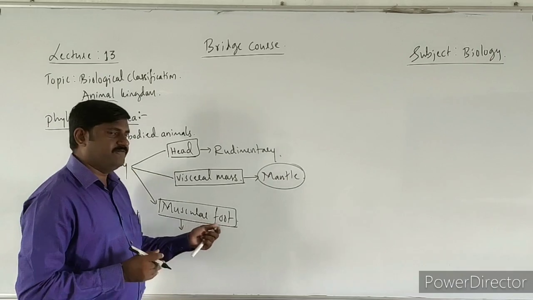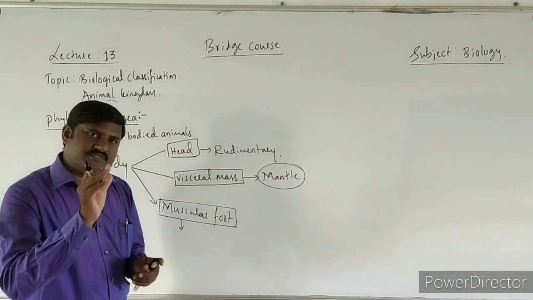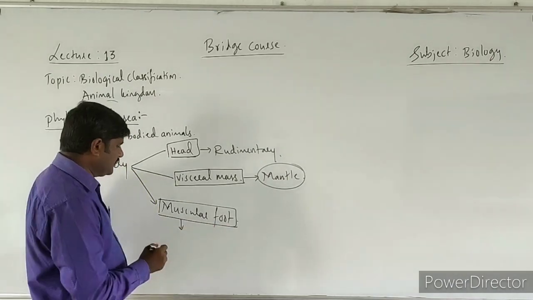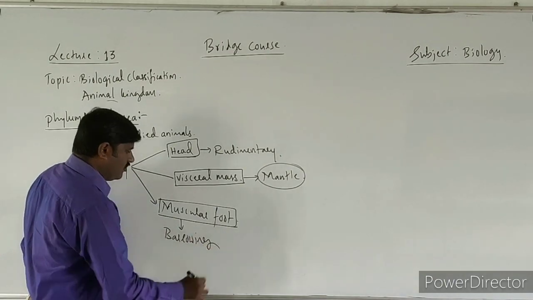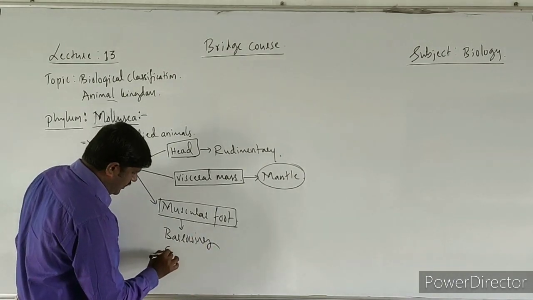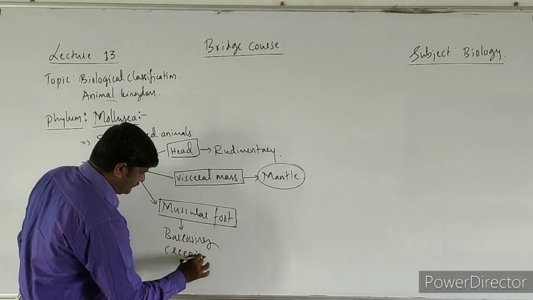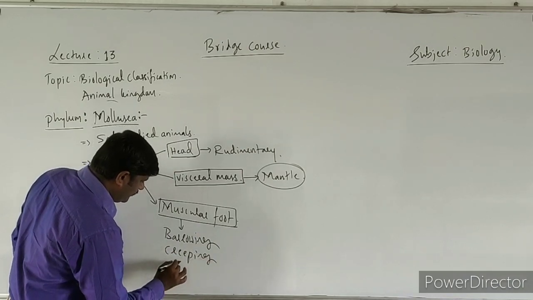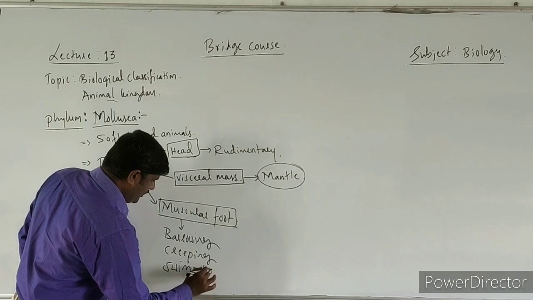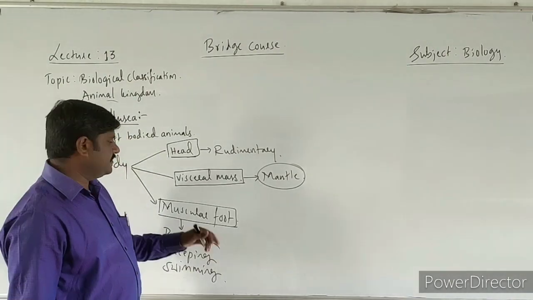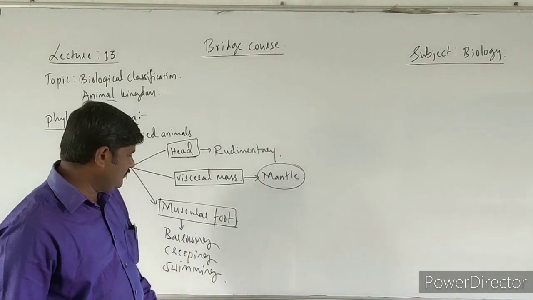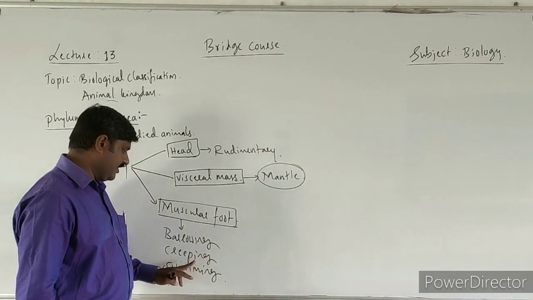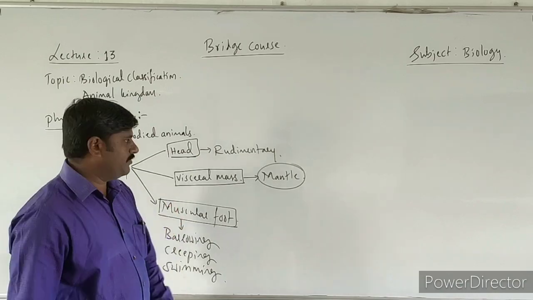So they have a muscular foot, and that muscular foot is meant especially for burrowing purpose and creeping purpose, and even for swimming purpose. So that muscular foot is used for many purposes in different animals. So burrowing purpose, creeping purpose, as well as swimming purpose.